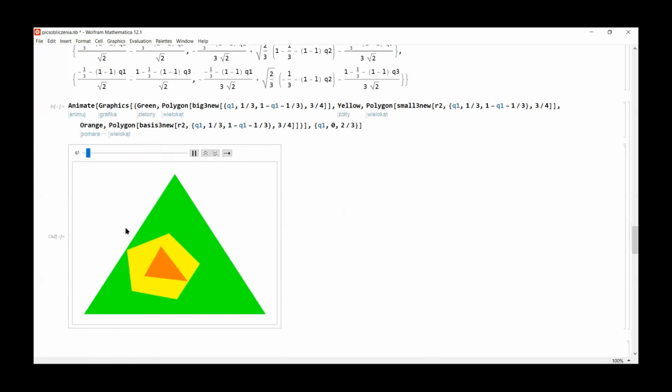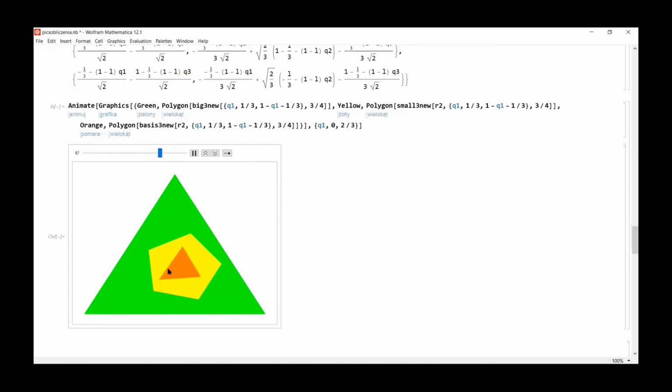And this simplex remains the same. The state space is, of course, of the same shape. However, it moves somewhere inside this simplex, but this basis polytope changes its shape.